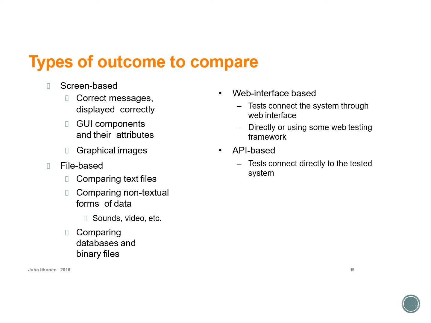This isn't exactly rocket science, but if we have a tool that's testable, we can measure several different things. Screens, what it shows, what happens. Files, what's the contents of the files, outputs, stuff like that. Databases, what happens there. Interfaces, API, what happens in the activity log, and so on.